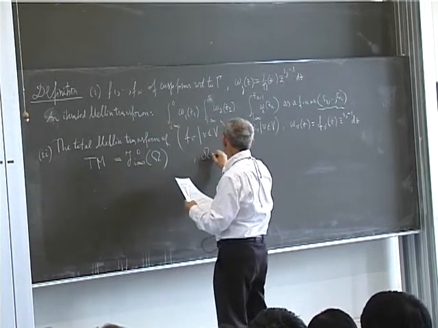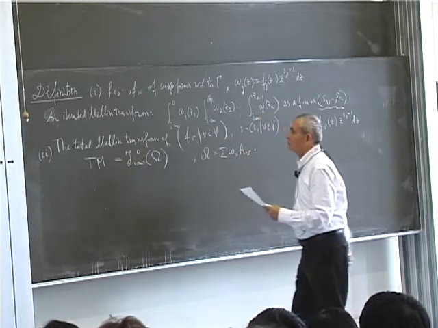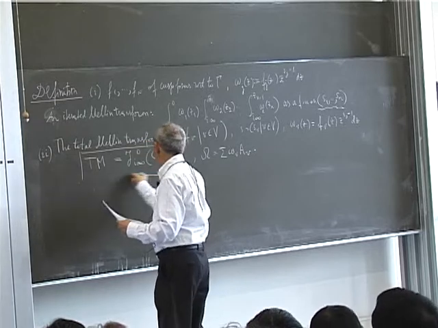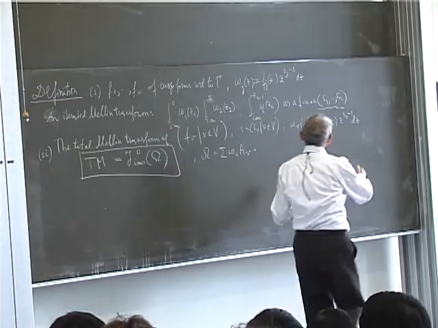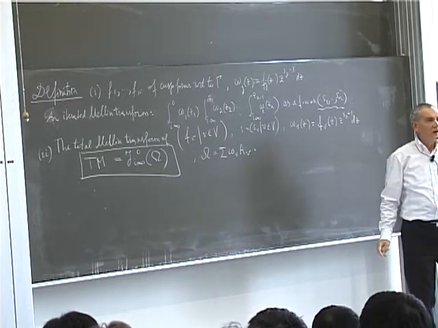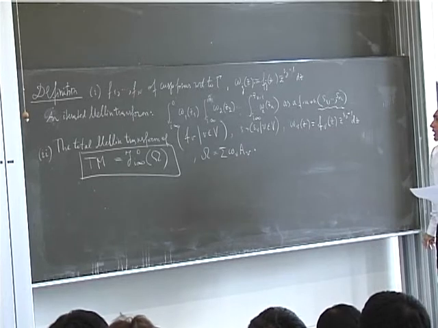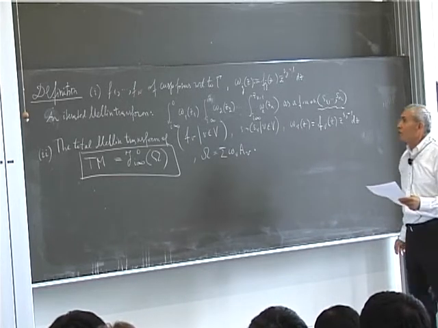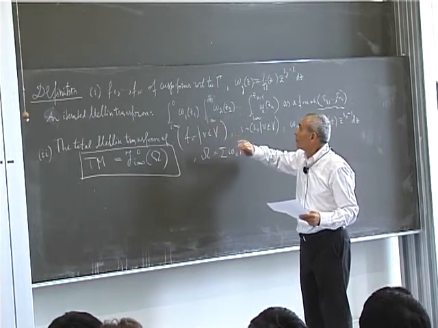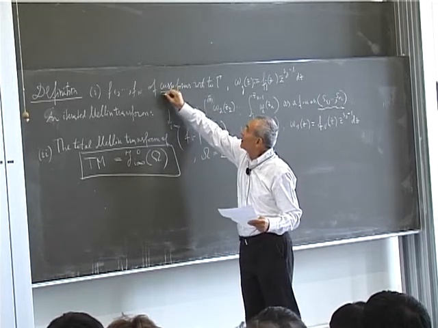Omega, and omega is as above. So this is the total Manin transform, and it has hidden complex arguments there, and we are interested in considering this as an analytic function of many complex arguments. And the absolute convergence is furnished by the fact that I wanted all my forms to be cusp forms.